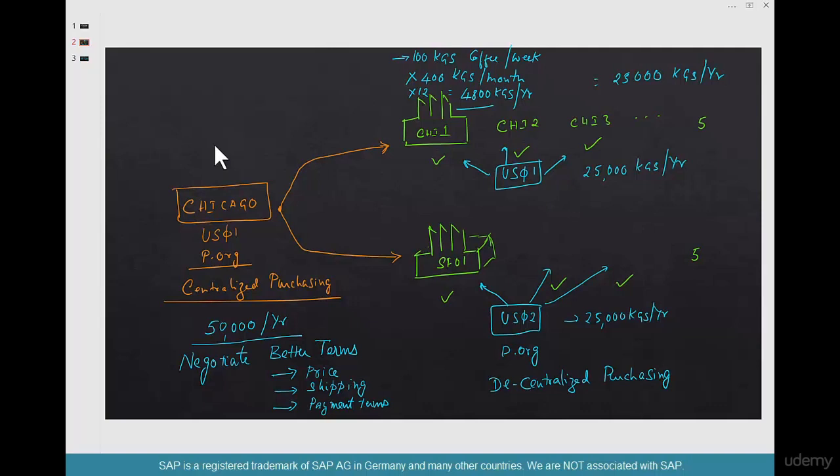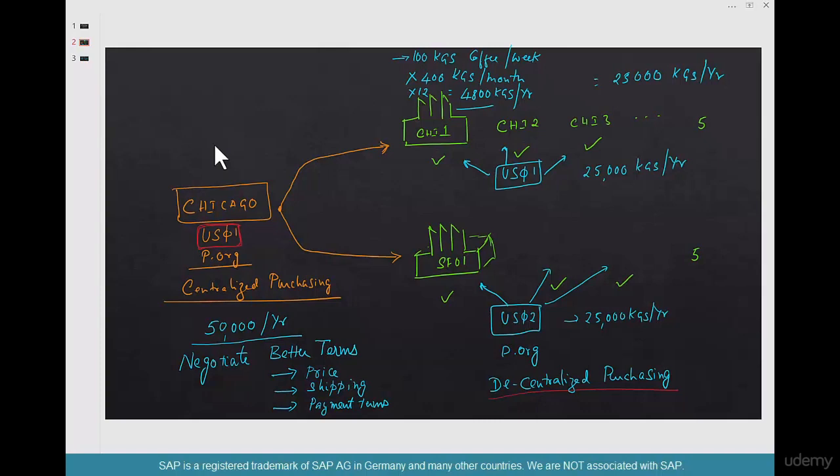That mode of purchasing is called decentralized purchasing. An alternative to it is centralized purchasing, where one purchase org is responsible for procuring for multiple plants: Chicago, San Francisco, any other cities where we open our shops.